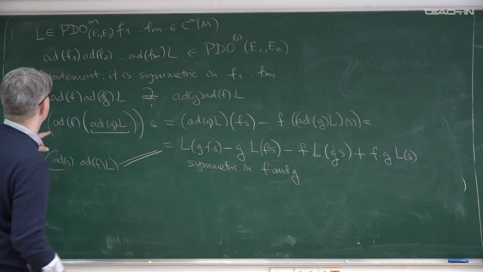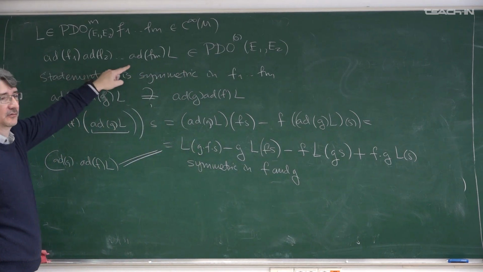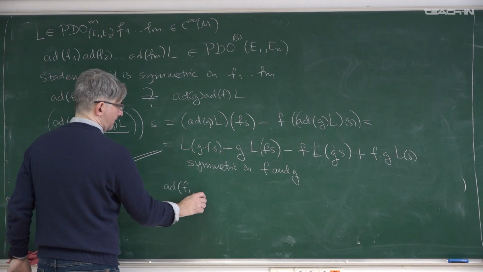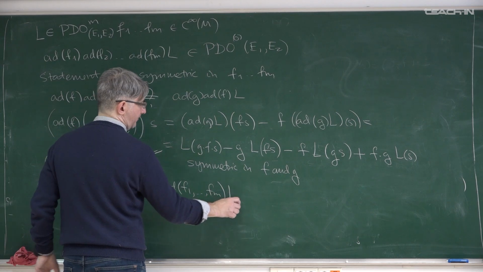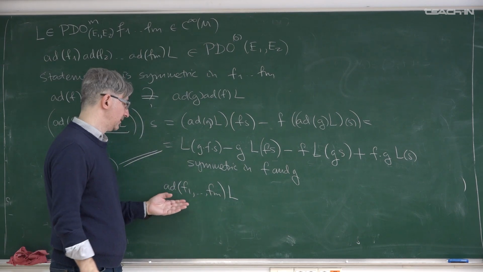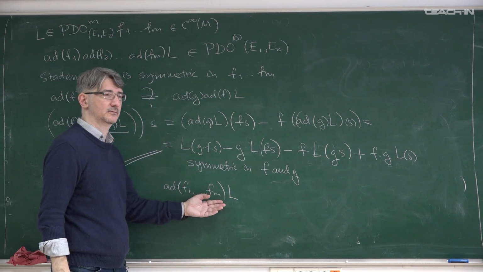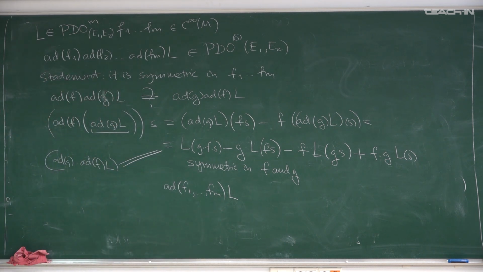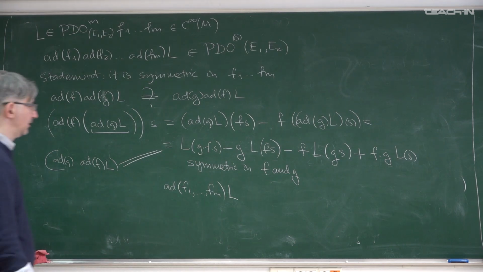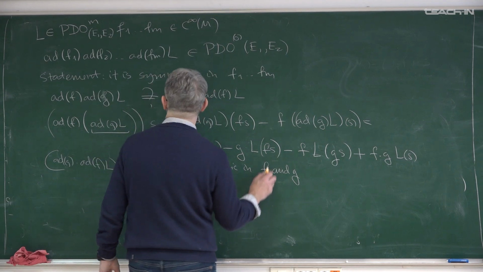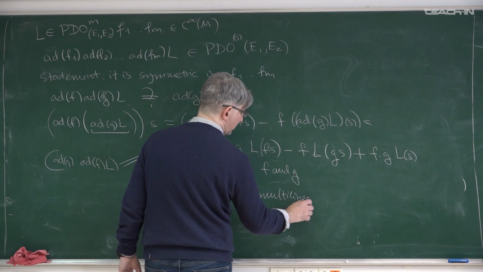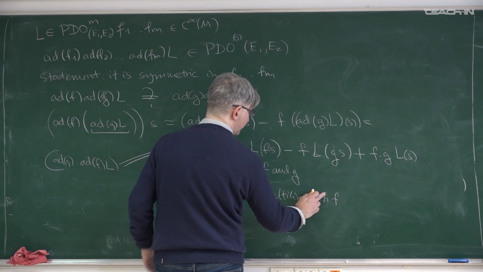So that's why I don't want to write this thing. I want to write it as a multi-argument object. It's possible. Very good. Symmetric, and obviously it is multilinear in f. I forgot to write it. Multilinear in f.